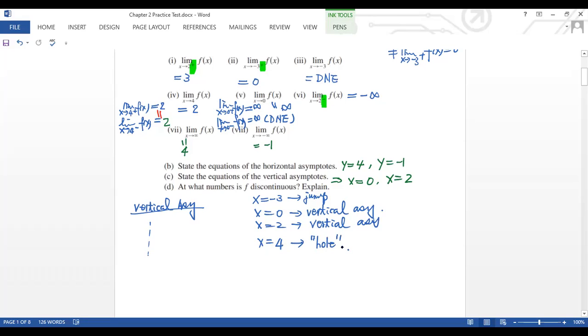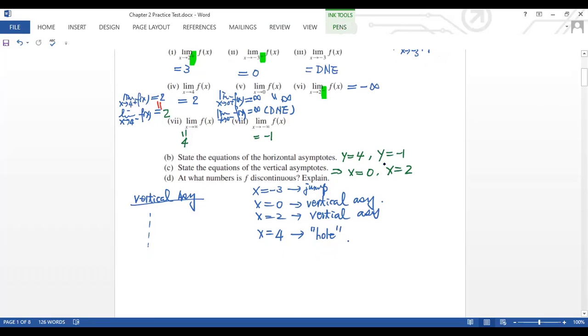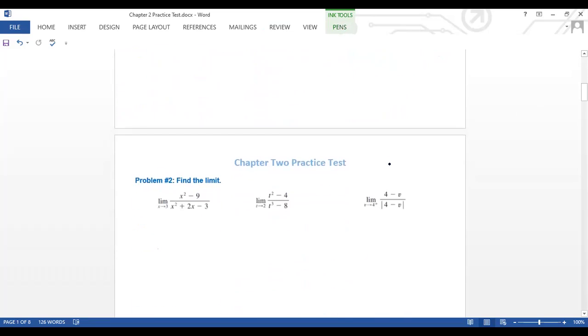You can reassign the function there, and we call this a removable discontinuity, right? Okay, so we have 4 discontinuous points here. Now let's take a look at problem number 2. Here we are asked to find the limits.